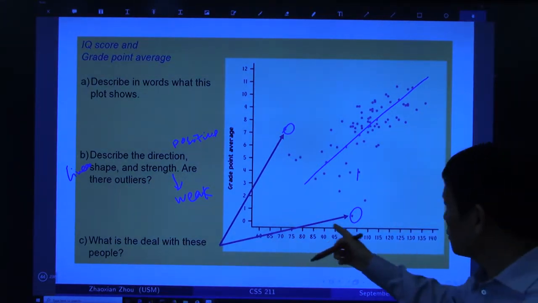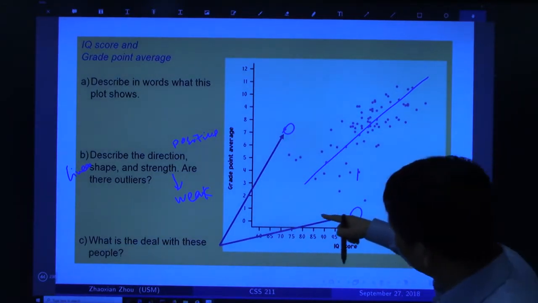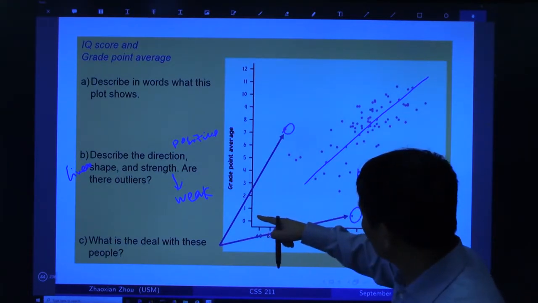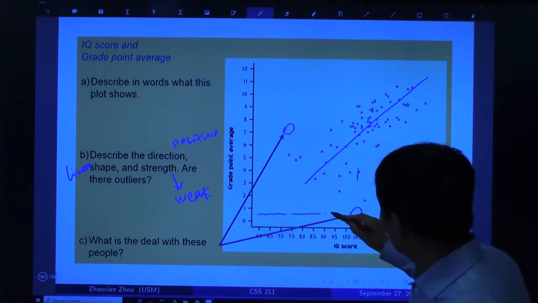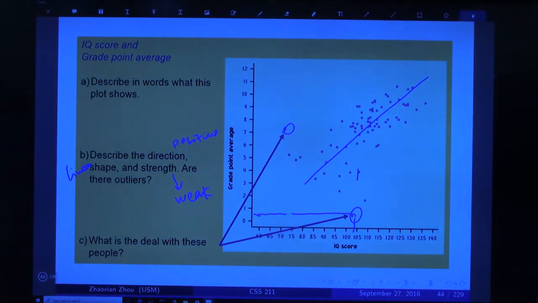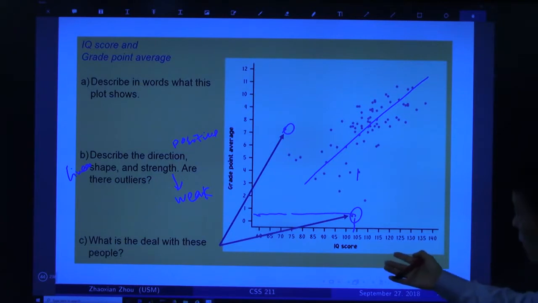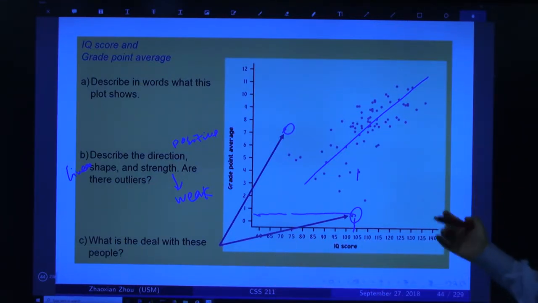So the IQ score is not an outlier here, but the GPA definitely is an outlier, because all other GPAs are around this point, but this GPA is here. The GPA is extremely low. So we can claim maybe this student didn't spend too much time or has something going on, but anyway, his GPA is not that high compared to his IQ score.